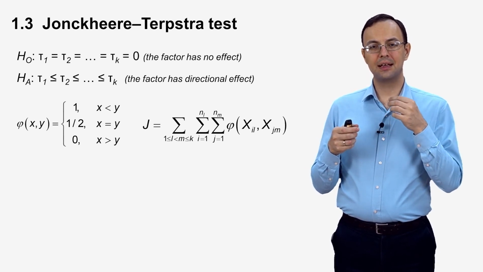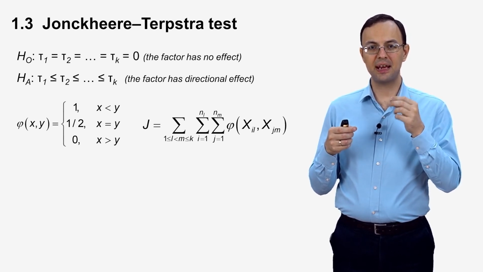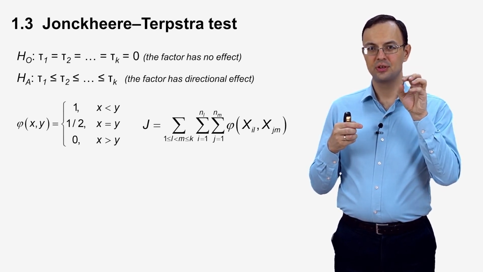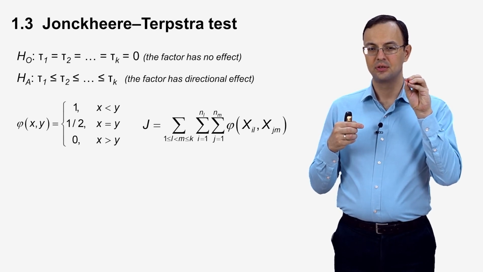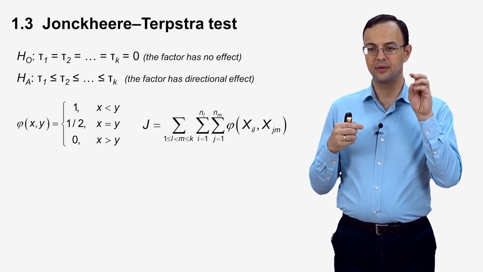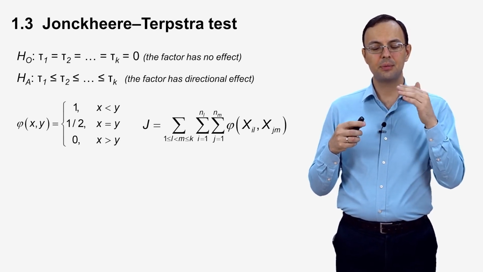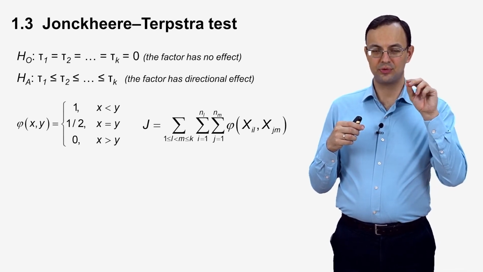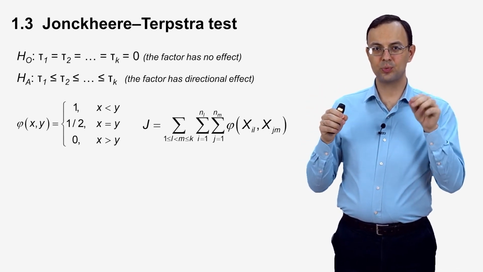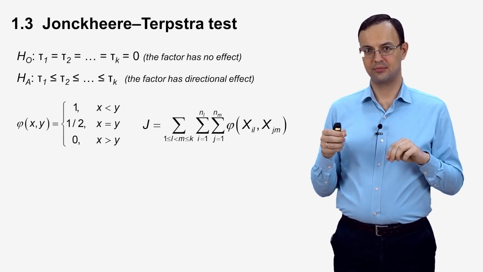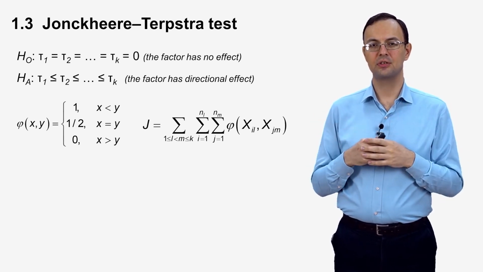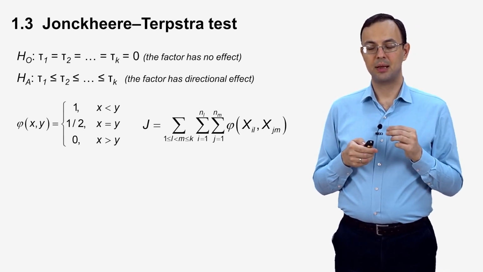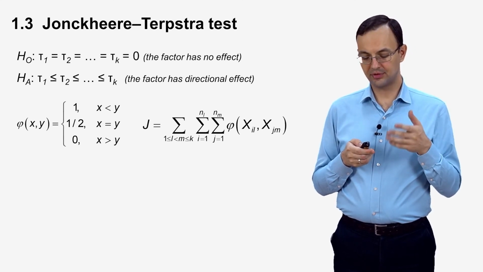So we calculate the number of pairs such that the first observation is to the left, the second one is to the right, and the first one is less than the second one. And this is J. Capital J is this number of such pairs.